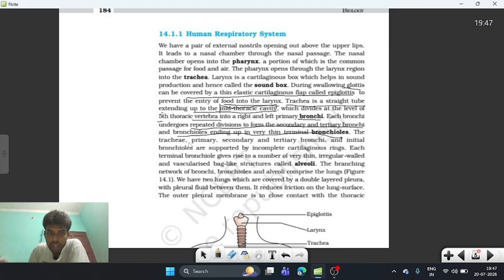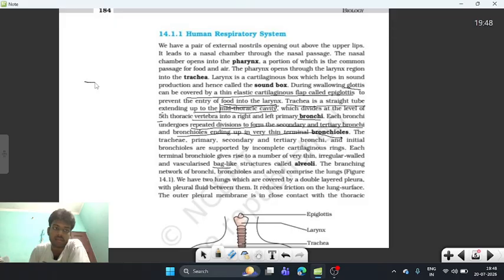The trachea, primary, secondary and tertiary bronchi and initial bronchioles are supported by incomplete cartilaginous rings. These are cartilaginous rings, where my cursor is. Each terminal bronchiole gives rise to a number of very thin, irregular walled vascular bag-like structures.